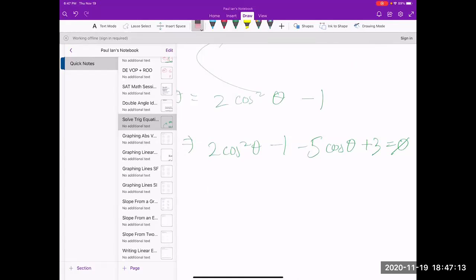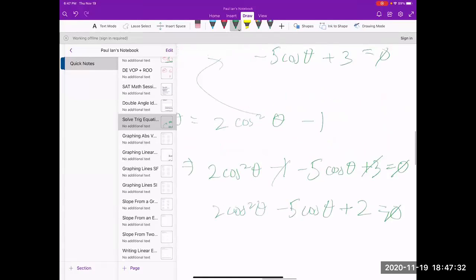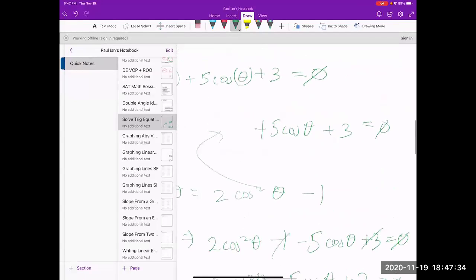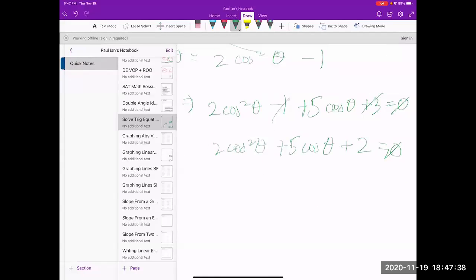Oh yeah, 2 cosine squared theta minus 5 cosine theta plus 2. And then let's see. Oh wow, yeah, this is a difficult one. Is it plus? It is plus. I think you have to complete the square.